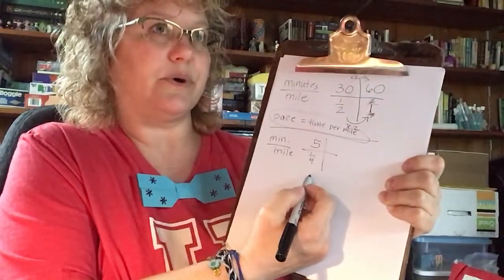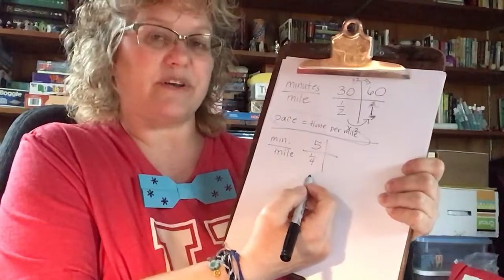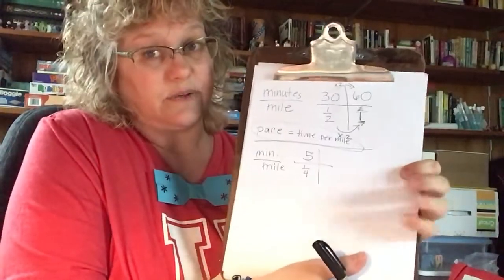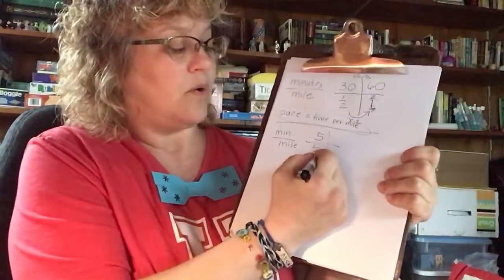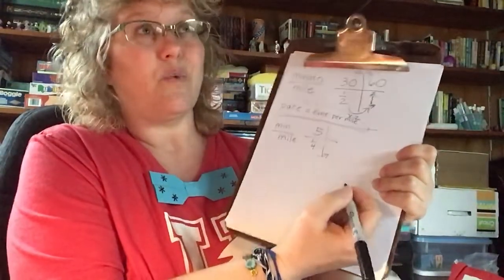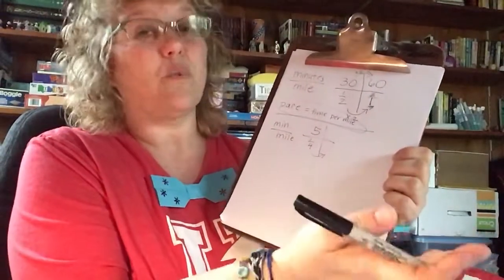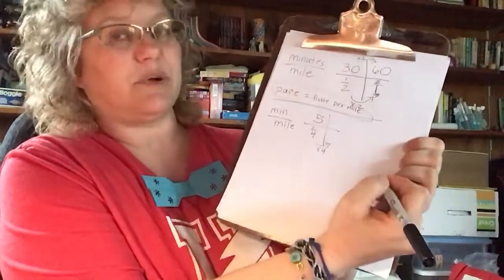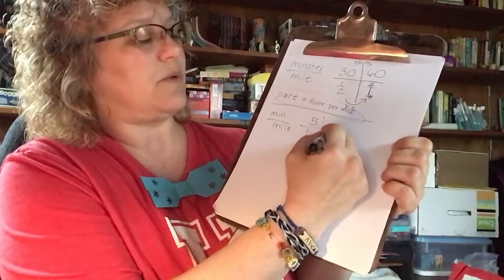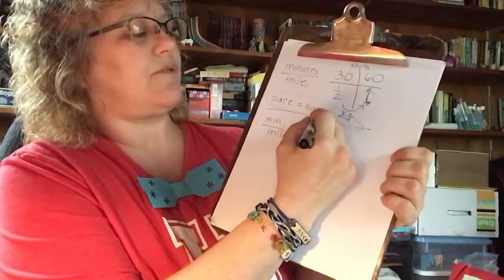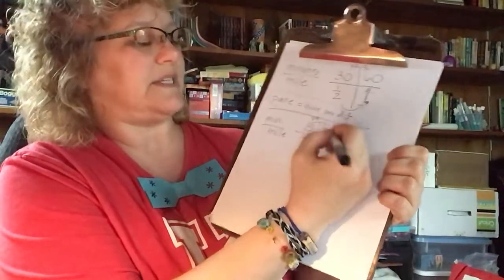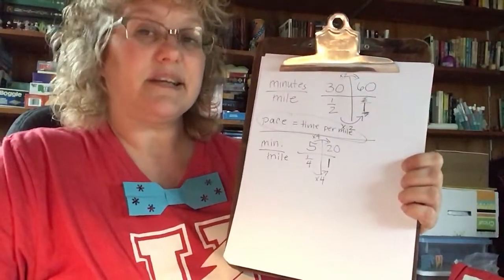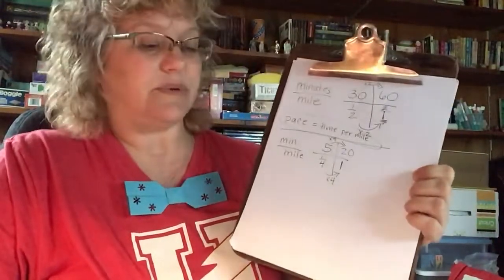What do I need to do to get 1/4 to equal 1? You can pause the video and figure this out, or maybe you just know right away: it takes four 1/4s to equal 1 mile. So of course we multiply that by 4, which equals 1. Multiply this one by 4, and that's going to equal 20. So it took her 20 minutes to go 1 mile. That's how we would say that.